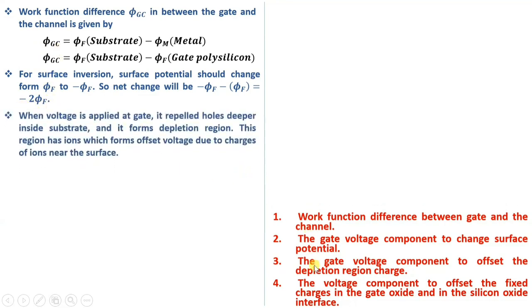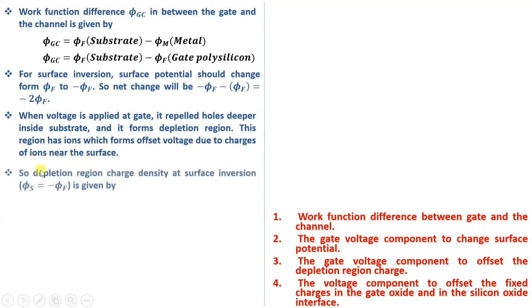Now see, as per third reason, the gate voltage component to offset the depletion region charge. So as I have explained, when voltage is applied at gate, it repels holes deeper inside substrate and it forms depletion region. In this region, there will be ions which will be forming offset voltage due to charges of ions, right?